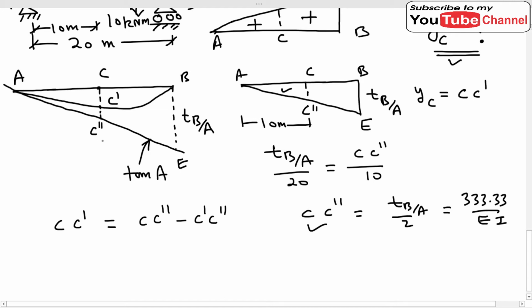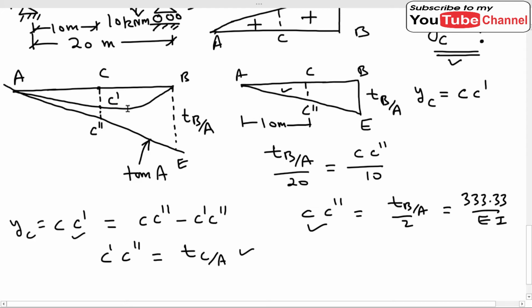This is C dash C double dash, which is nothing but TC over A. TC over A is the tangential deviation of the point C from the tangent drawn at point A. This we can find out very easily, and if we find out this TC over A, then we will put this value in this formula and ultimately find out our deflection, which is YC. This is very simple.